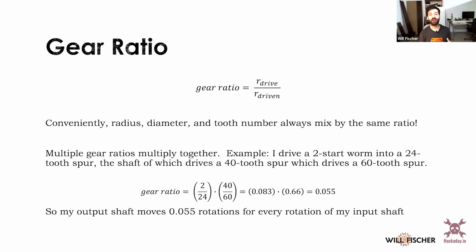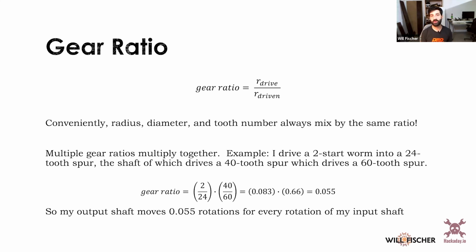Conveniently, the ratio of radius, diameter, and tooth number always mix the same way. Your radius of drive over driven, your diameter of drive over driven, and your tooth number of drive over driven will always be your gear ratio.